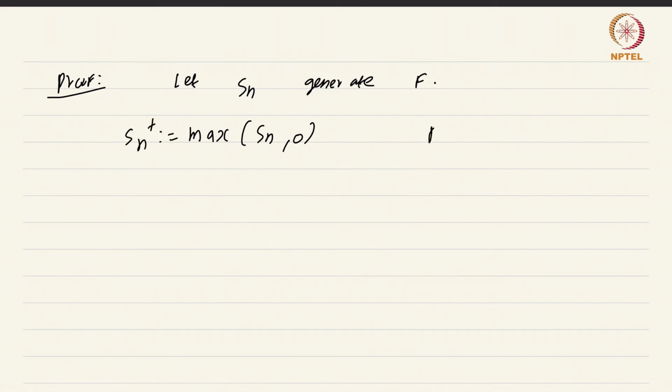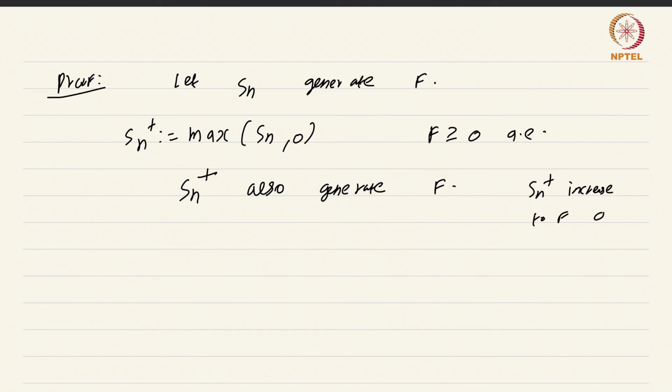Okay, because f is greater than or equal to 0 almost everywhere, we have Sn plus also generates f. Here is the crucial part where I required that f is greater than or equal to 0 almost everywhere. The fact that the Sn plus are increasing is obvious because Sn is increasing, but the fact that Sn plus increases to f almost everywhere requires f to be greater than or equal to 0.